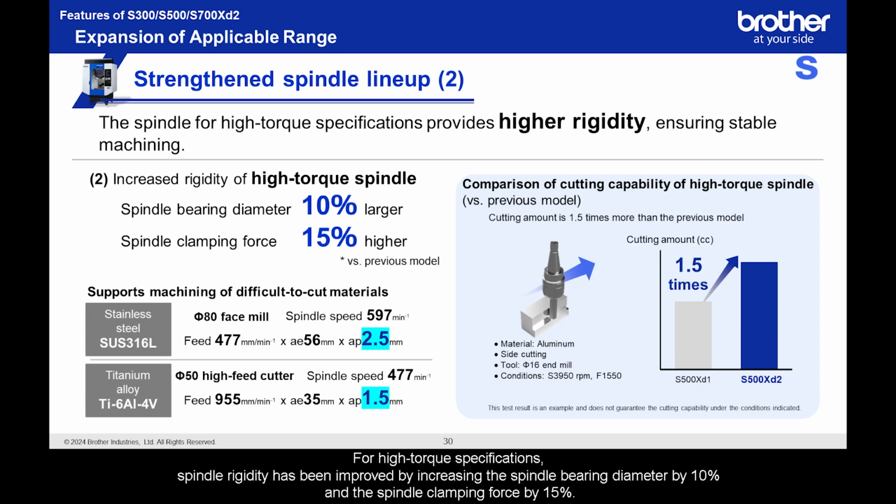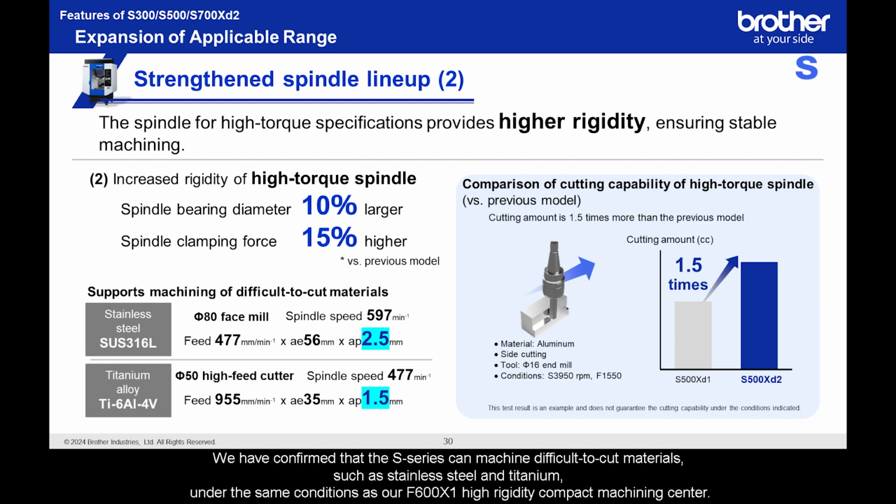For high torque specifications, spindle rigidity has been improved by increasing the spindle bearing diameter by 10% and the spindle clamping force by 15%. We have confirmed that the S-Series can machine difficult-to-cut materials, such as stainless steel and titanium, under the same conditions as our F600X1 high-rigidity compact machining center.